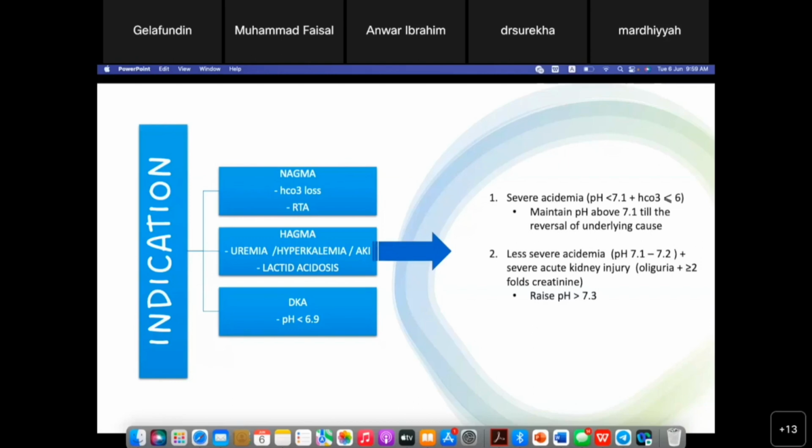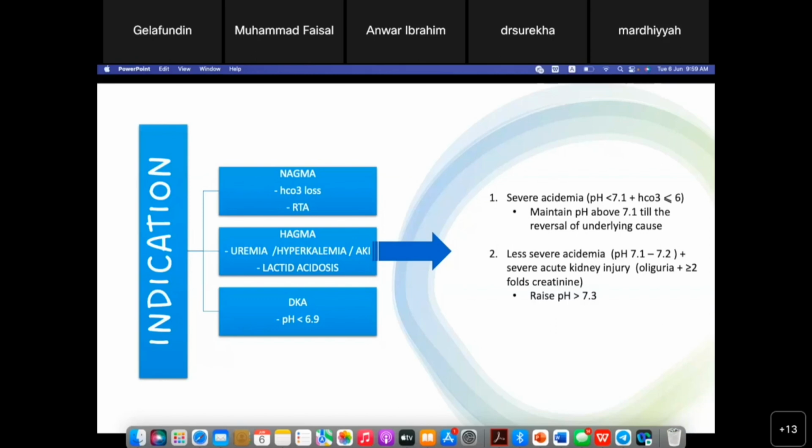One, if the patient has severe acidemia. Severe acidemia means pH less than 7.1 and bicarb 6 or less. So you want to give sodium bicarb to maintain the pH above 7.1, until the reversal of the underlying cause.